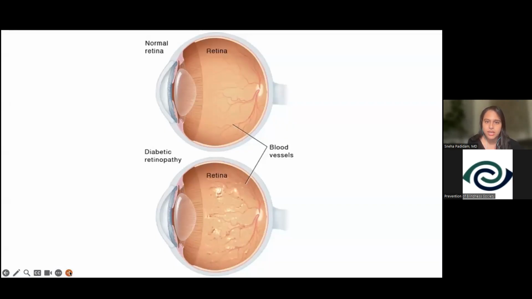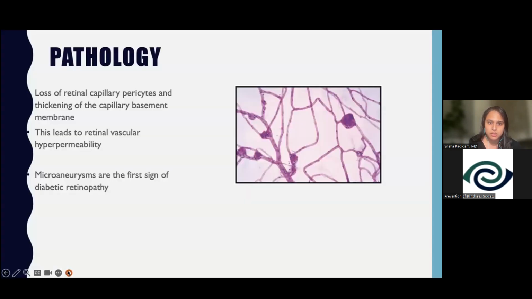So this is a picture of a normal eye, and then with diabetic retinopathy, you can see that there's damage to all these blood vessels. And the pathology, and this is basically the underlying cause of diabetic retinopathy, is changes to the blood vessels by the loss of retinal capillary pericytes and changes to the capillary basement membrane, which leads to vascular hyperpermeability.